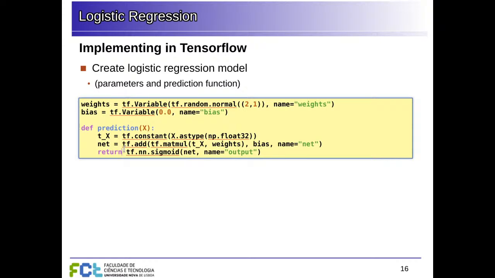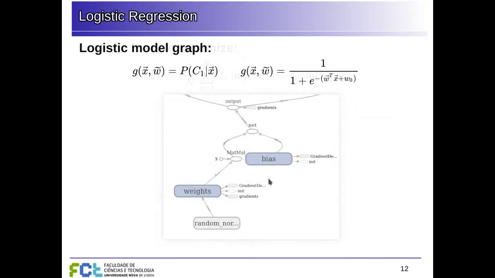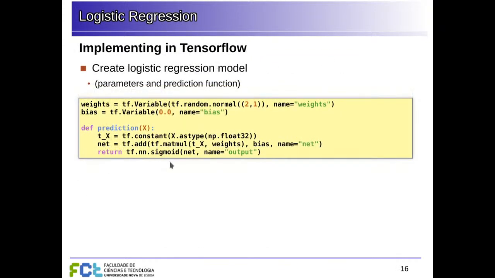And then we create this output by applying the sigmoid. Again, you can see it here in the computation graph. It's called output there, and this is just the application of the sigmoid function to the result of these operations. So this is the prediction.